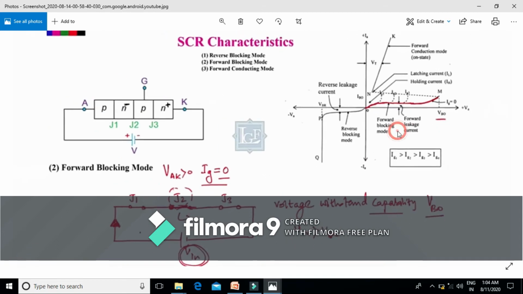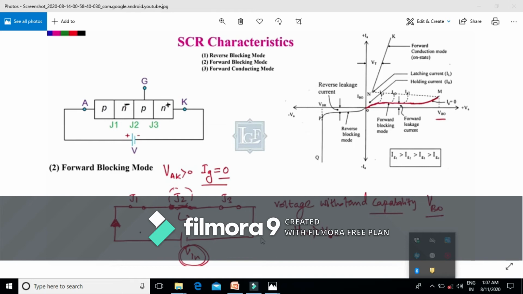That means the forward blocking capability of this junction is up to this breakover voltage. Once this forward voltage exceeds this breakover voltage, avalanche breakdown occurs across this junction J2, and a large amount of current flows through the device.